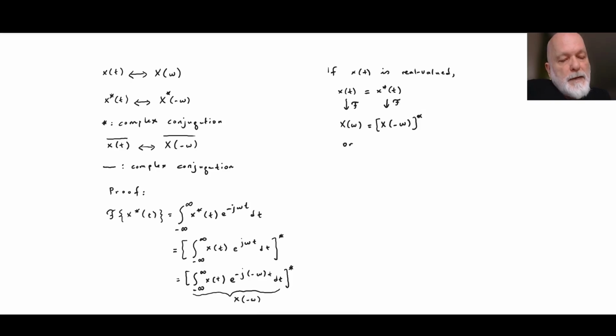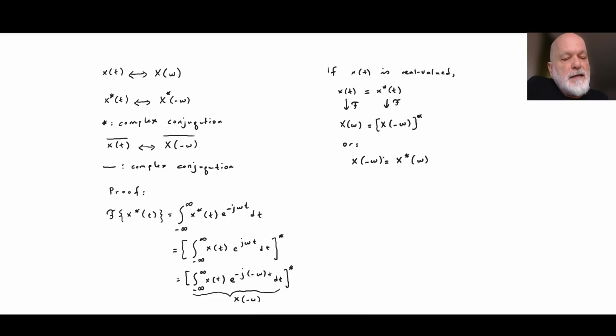Or we can write this in the following form: X of minus omega is equal to X conjugate of omega.